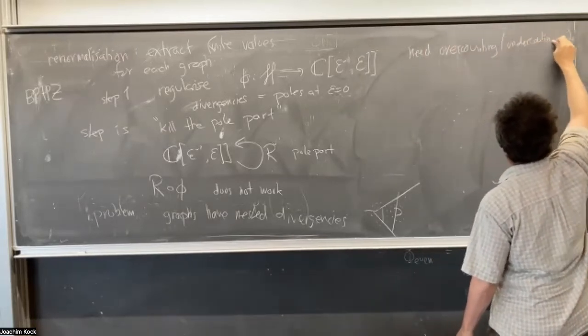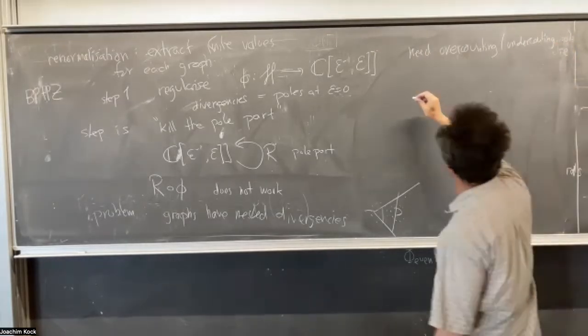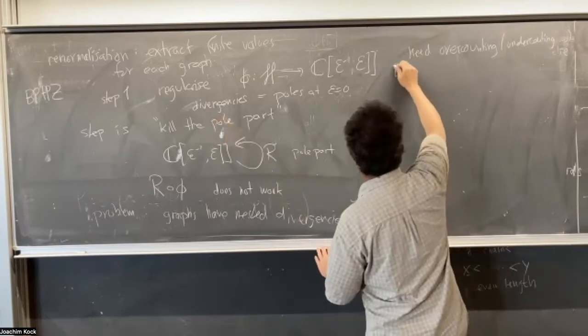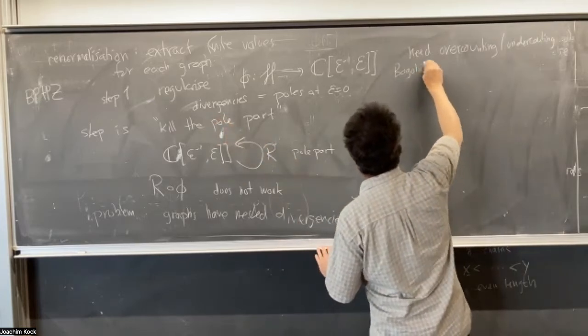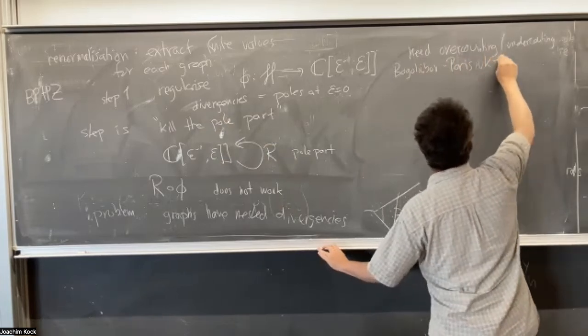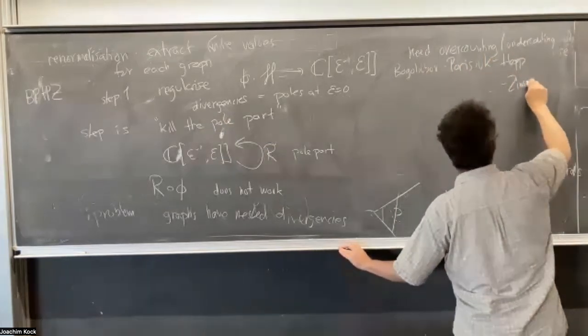And this was sorted out over a very long time. It took really almost 15 years. So these letters, that's Bogoliubov, Parasiuk, Hepp, and Zimmerman.